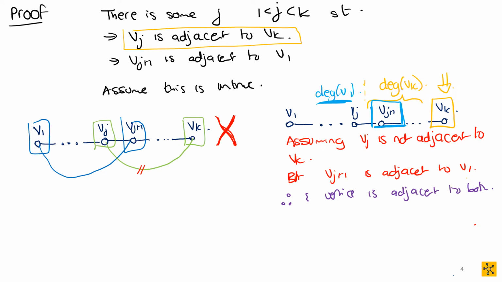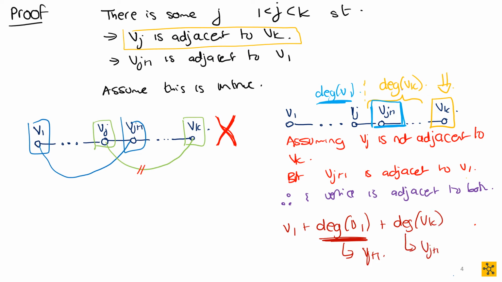So here you have your V1 plus your degree of V1, but inside your degree of V1 is your Vj plus 1. And then you have your degree Vk, which also includes Vj plus 1, plus your Vk.